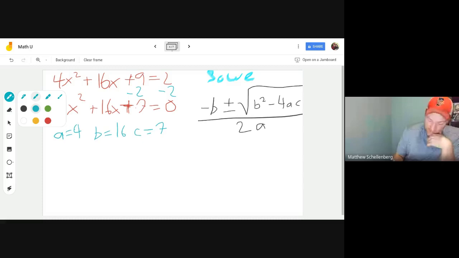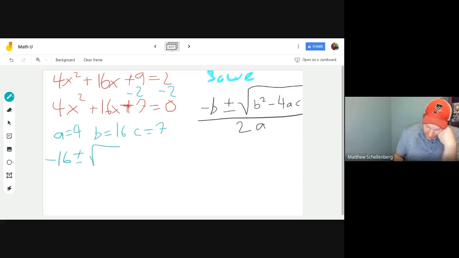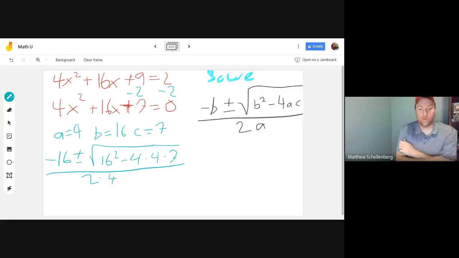So minus b, that would be minus 16 plus or minus the square root of 16 squared minus 4 times a, which is 4, times c, which is 7, all over 2a. 2 times 4.